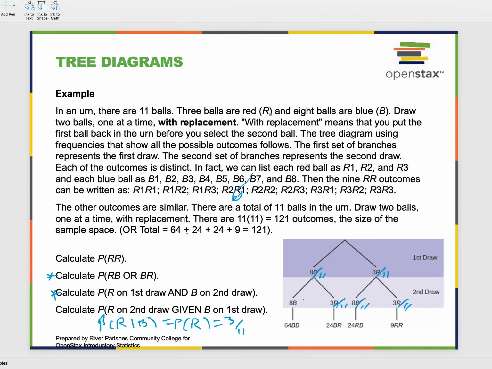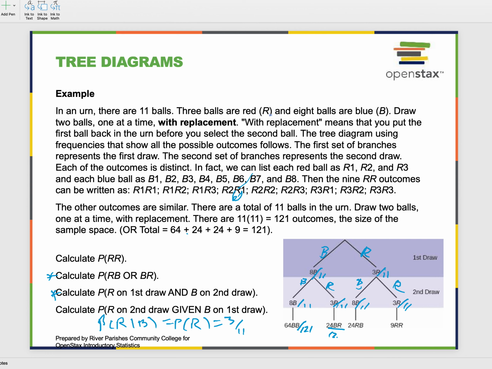Because, why? I'm replacing them all. First time I have a choice of getting a blue or a red. Second time I have a choice of getting a blue or a red. And when I multiply these all out, 8 times 8 is 64, but it's out of 121.